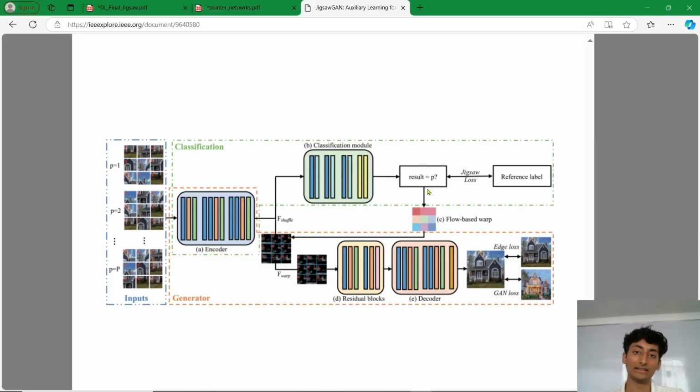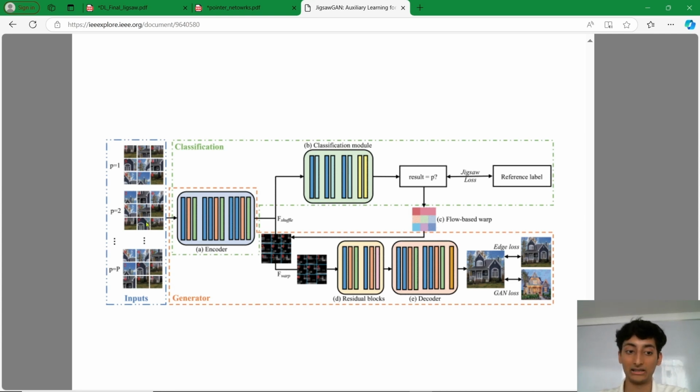If you look at the network proposed by the authors of this paper, let's say you have these inputs. They divided the image into 3x3 tiles, and then using maximal distance, which is, let's say, each piece is as far from its original location, so no piece is in its correct location.